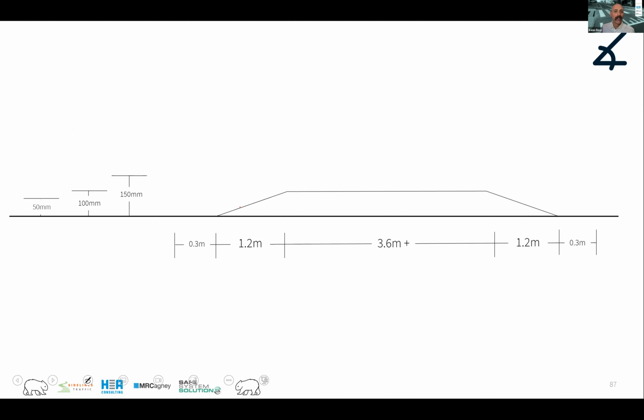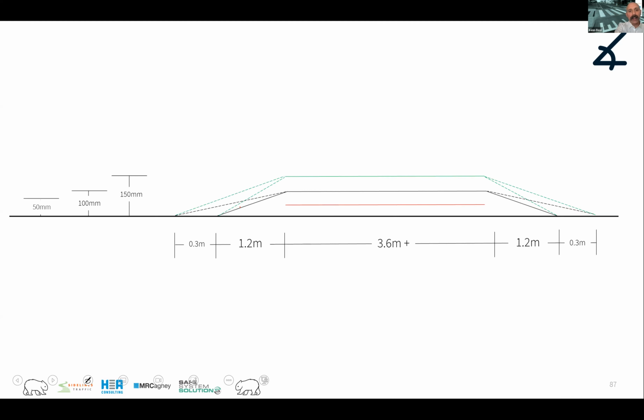So let's have a look at that again. You can have that, which is our 1 in 12, and then it would go to a 1 in 15 if we had longer ramps, so a bit shallower there. That 150 high up there, if you did it steep, that's a very high, very steep ramp.